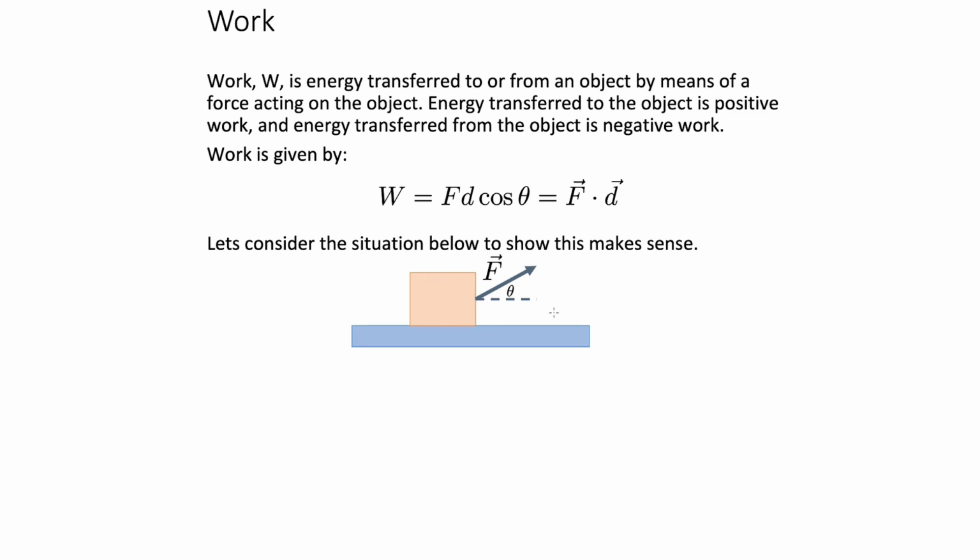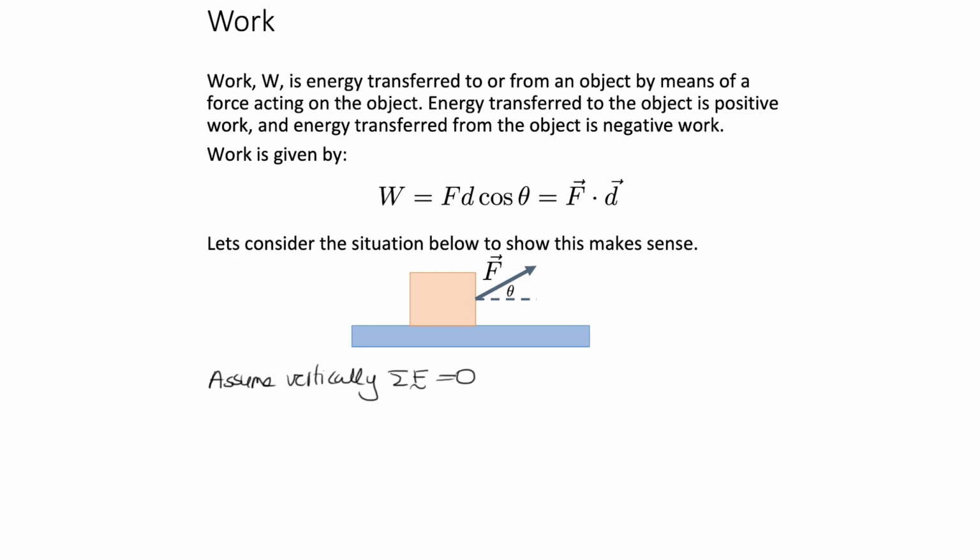We'll assume that vertically there is no net force, so assume the sum of the forces is equal to 0. Because we've got the normal force and the weight force and a component of this force, as long as this force isn't too large, then this will be true.